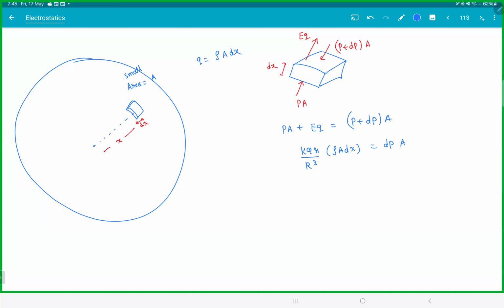So area will cancel. So you end up with dP is equal to KQ, sorry, this is KQx by R cube. So KQ rho by R cube x dx.